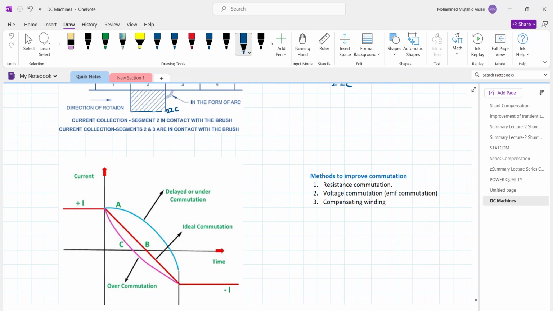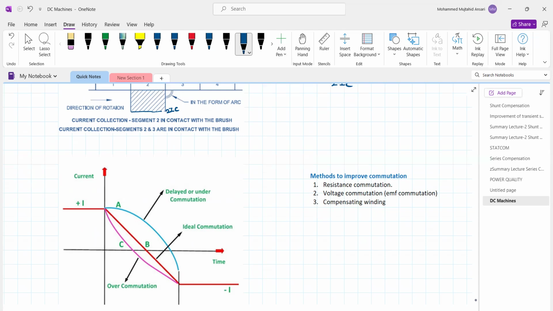So in the commutation process, the current is going to reverse, and in that quick reversal, the self-inductance gives some delay in the reversing of the current, and therefore it is called delay commutation. Because of this delay commutation, there is sparking over the brushes. Similarly, over commutation is also not desirable. So this linear line is called the ideal commutation.